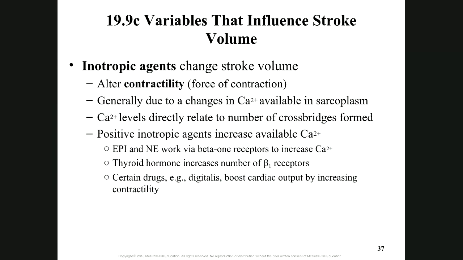These ligands can bind with the beta-1 adrenergic receptor to cause an increase in calcium level within the cardiac muscle cell. Thyroid hormone is another positive inotropic agent, which can increase the contraction of our heart and the stroke volume. Some drugs like digitalis can work the same.